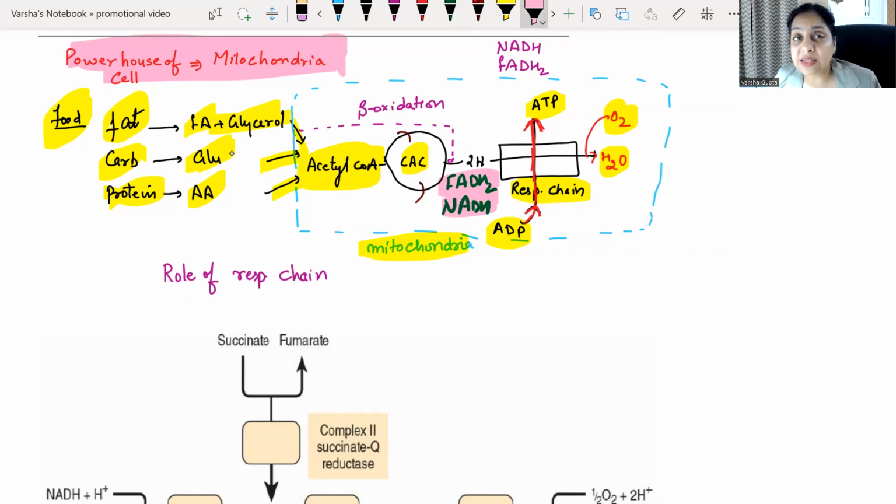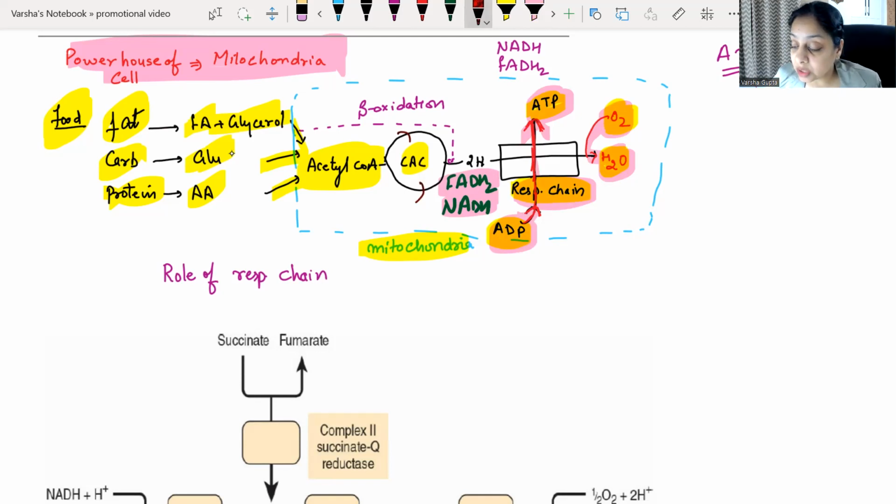But the whole concept of this oxidative phosphorylation is to convert NADH and FADH2 into what? Into ATPs, right? So this reducing power, via the respiratory chain happening inside our body, synthesizes ATP, in which ADP is converted into ATP, and also oxygen gets converted into water, right?